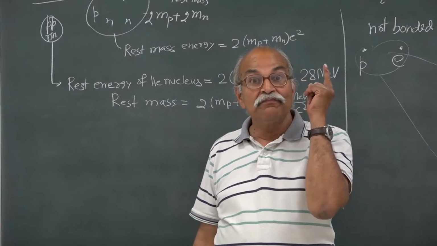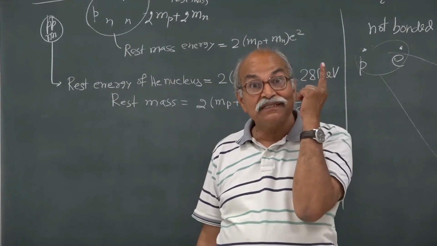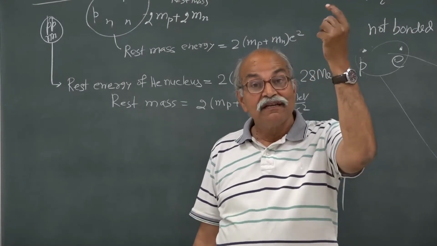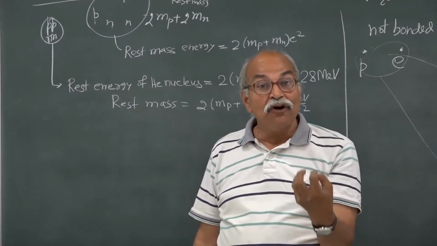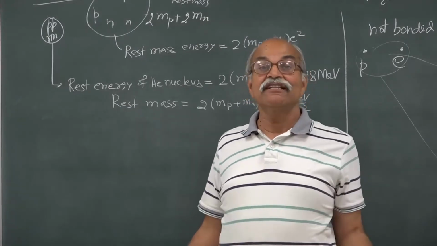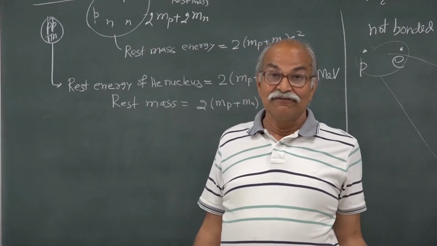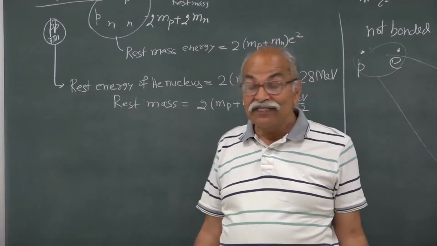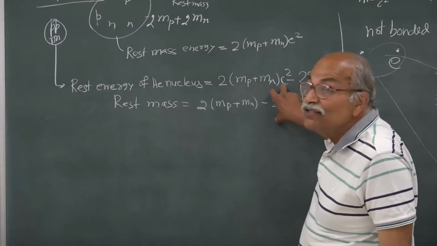When 4 protons in the core of the sun combine to form a helium nucleus, we get energy. Where is that energy coming from? It is coming from this difference only.